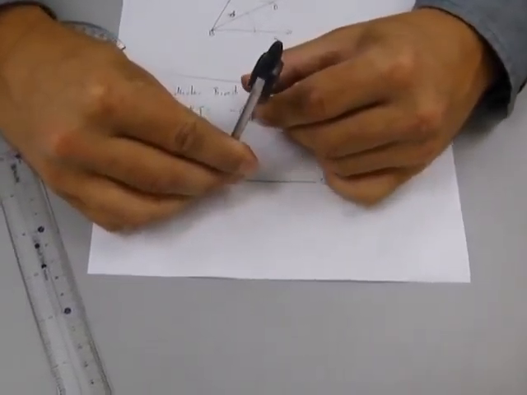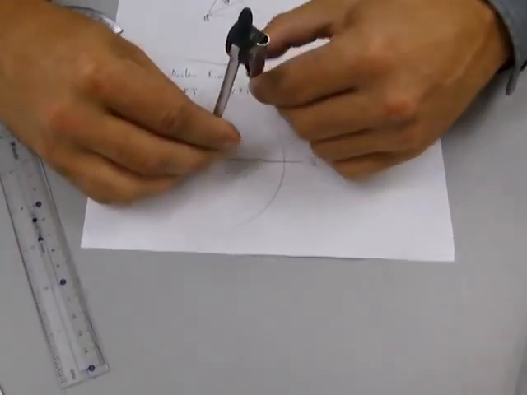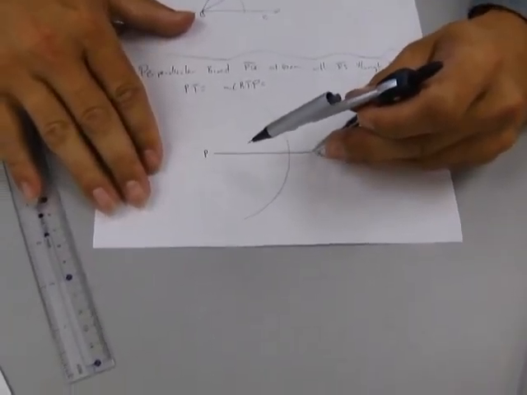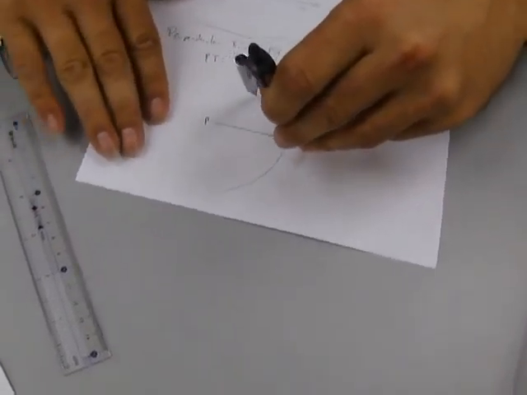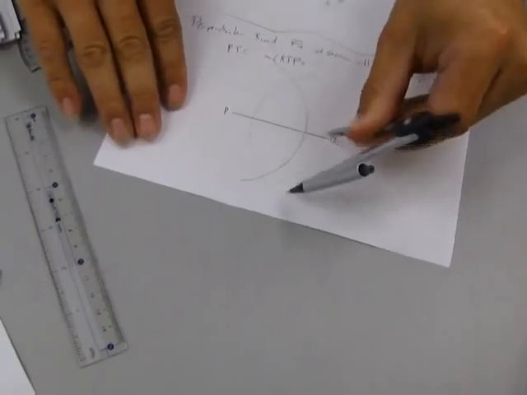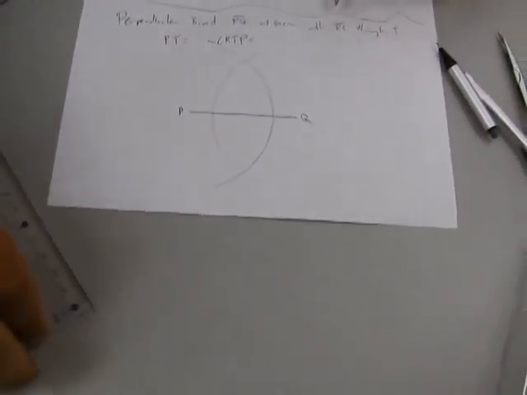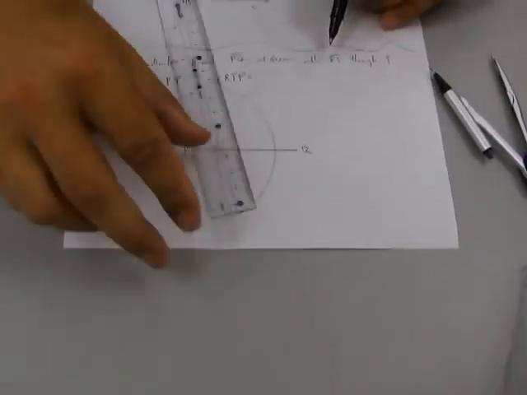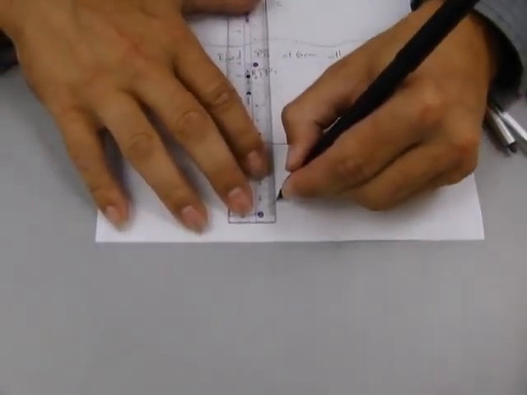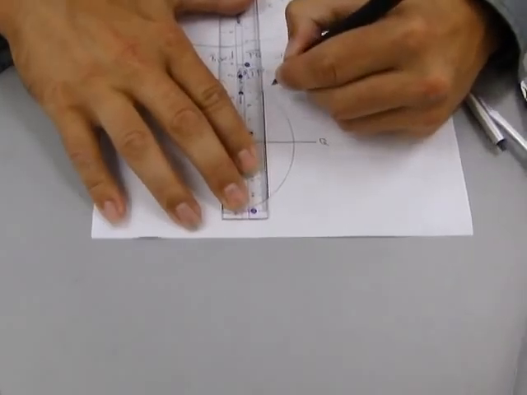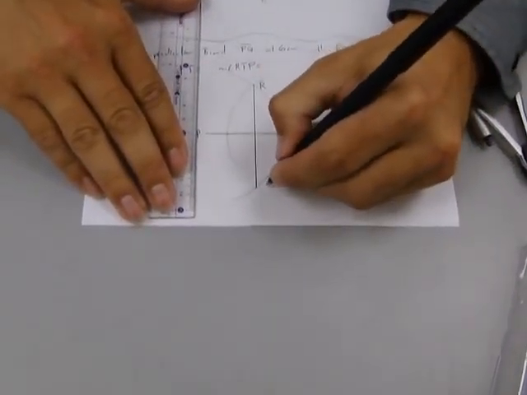I'm going to make an arc that goes for more than half of the segment, and then I'll go to the other one, make another arc. Where those two arcs intersect, I will add segment RS. So this one here will be R, this one will be S.